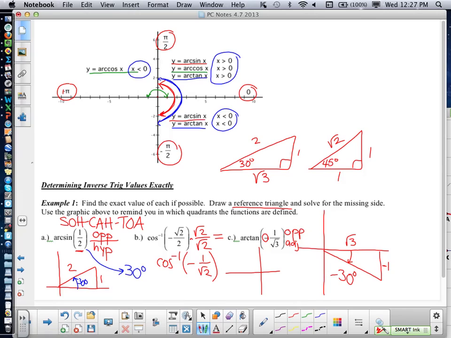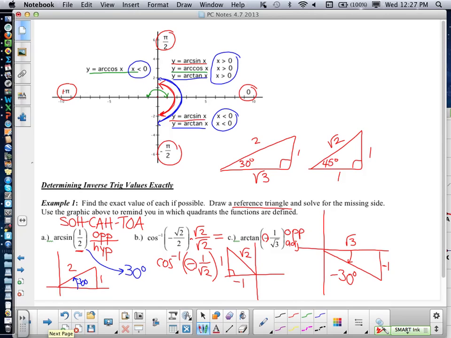So I'm going to draw a triangle where the adjacent side, I actually did want to draw that more like a 45, 45, 90. I'm going to sketch this like this. So I have 1, 1, √2. And again, I have to put the negative sign someplace, so I'll put it right here.